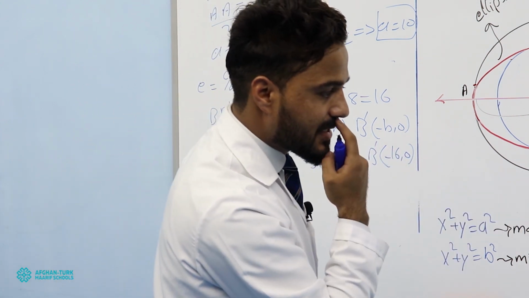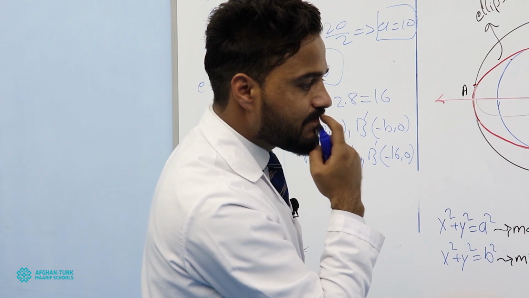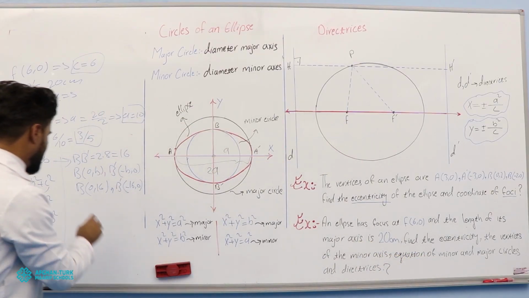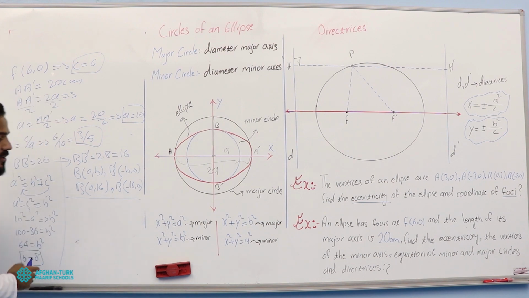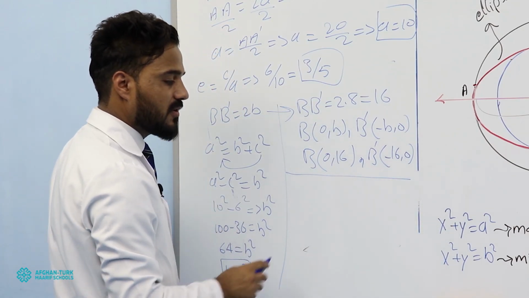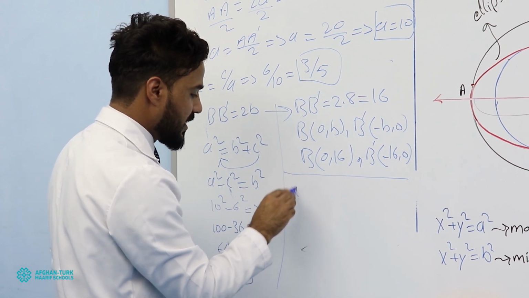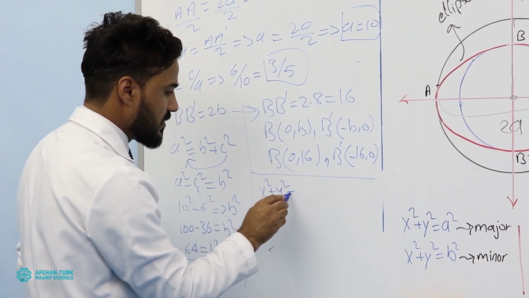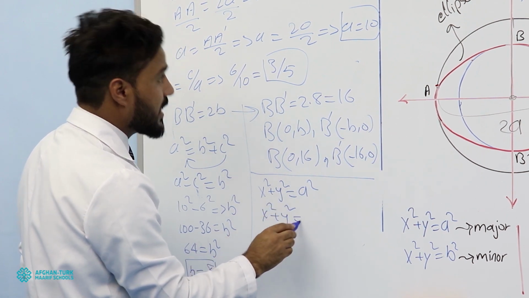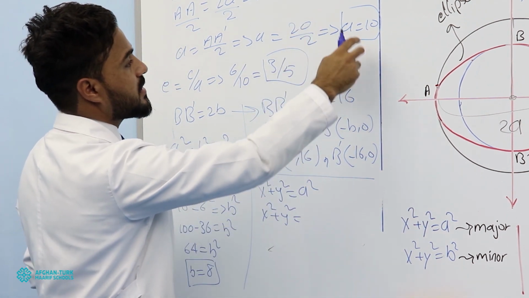Also the question asked us, find the equation of minor and major axes. So the equation of major and minor axes are these two. X square plus y square is equal to a square. So for major axis we can write that x square plus y square is equal to a square, where a is equal to 10.